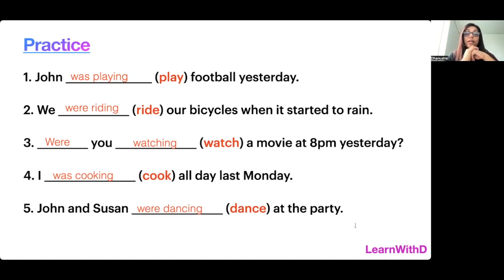So John and Susan were dancing at the party. Now, why is it were? Because John and Susan becomes they, right? So the verb to be in past tense for they is were. So John and Susan were dancing at the party.